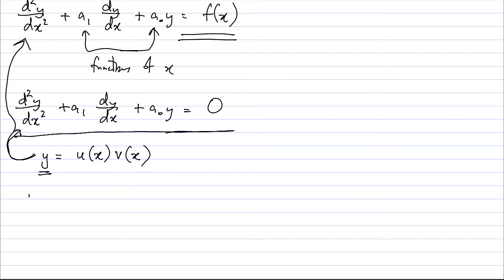Suppose you have this equation. Now there's a non-homogeneous term, so this is a non-homogeneous differential equation.